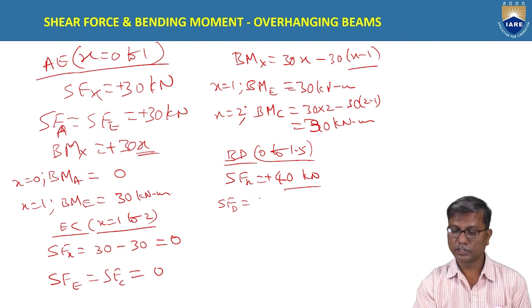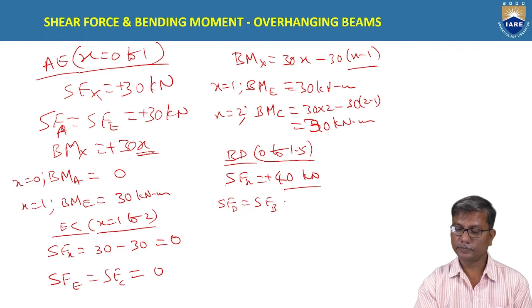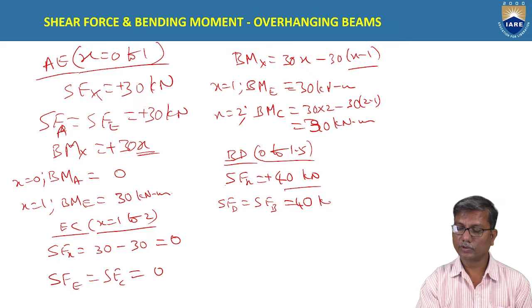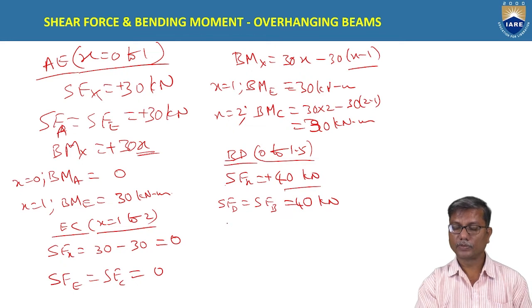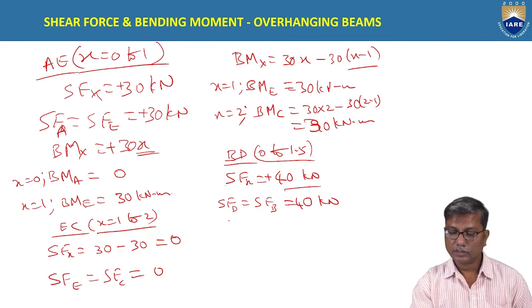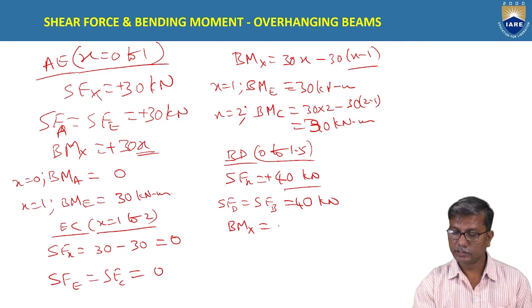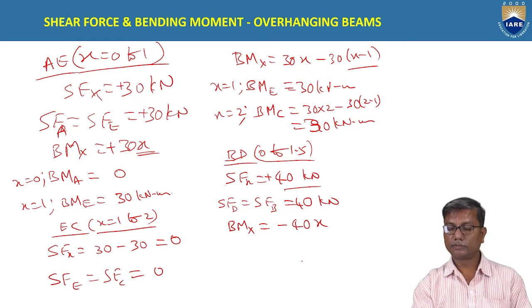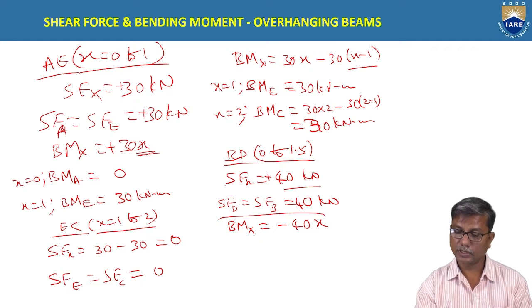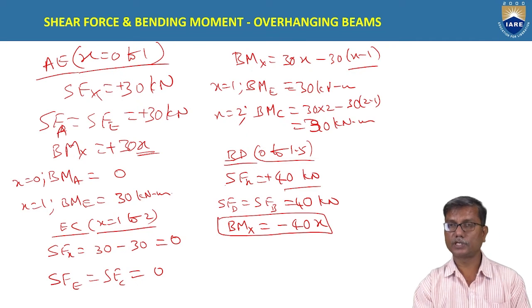So shear force at B is 40 positive. Okay, and bending moment at x is negative because it is a hogging moment, 40 into x. Bending moment at x is 40x with negative sign as it is hogging.